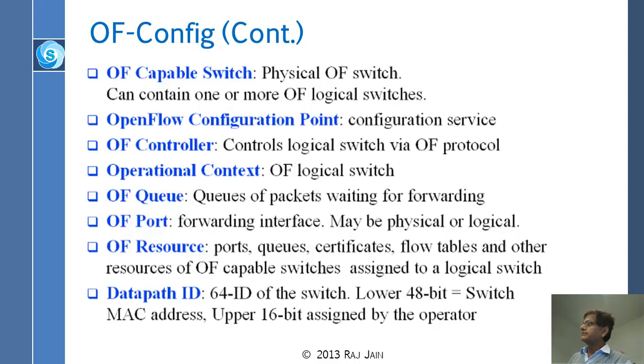The operational context is the logical switch. So this is the virtual switch. And then OF queues are the queues of the packets waiting for forwarding, and ports are the ports we talked about. Resources are ports, queues, certificates, tables, and so on and so forth. So now these are the things that come from the configuration.